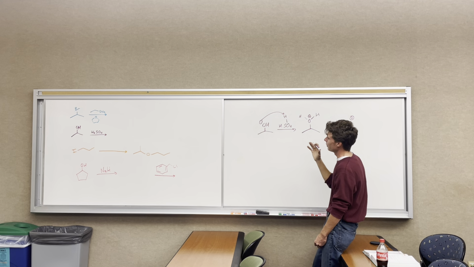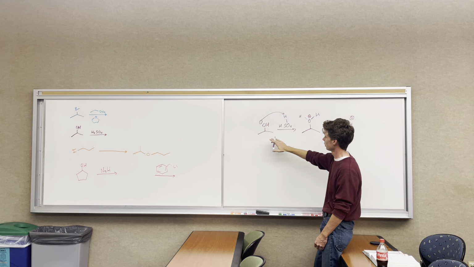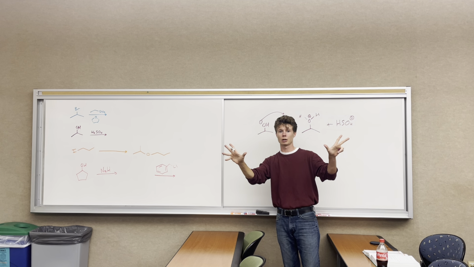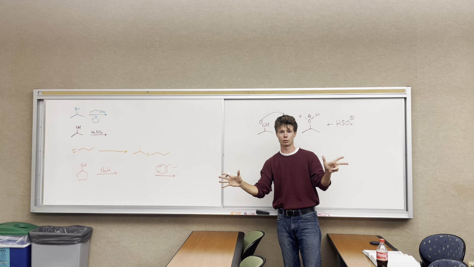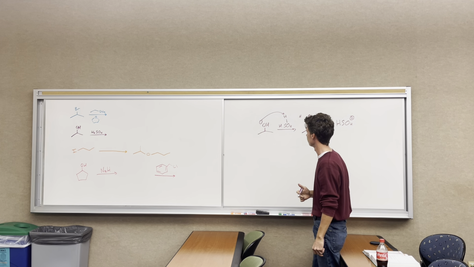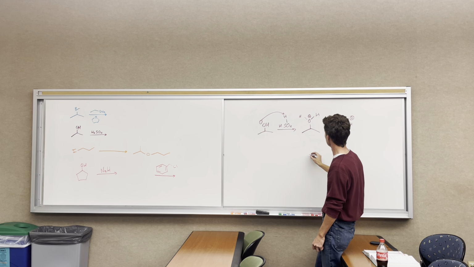Now, I said we're gonna make a symmetrical ether. Okay, in order to do that, we need the same molecule to interact with itself. So one molecule over here, the same molecule over here. Put them together, they're symmetrical, okay? That is this condensation ether synthesis, okay? Made a good leaving group.